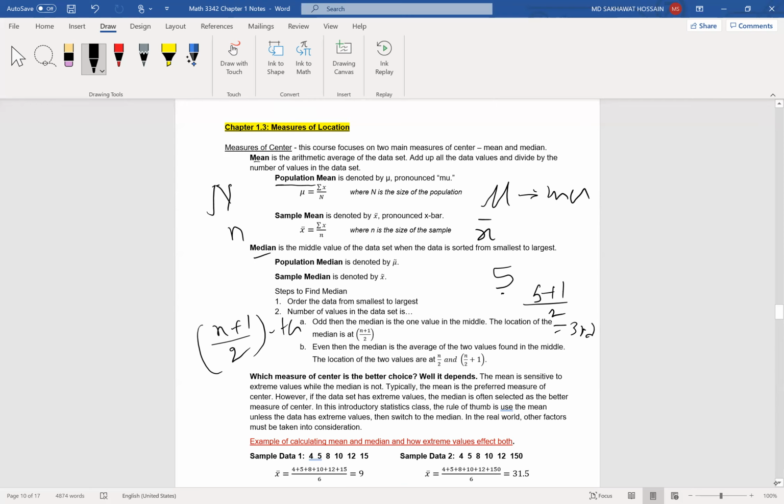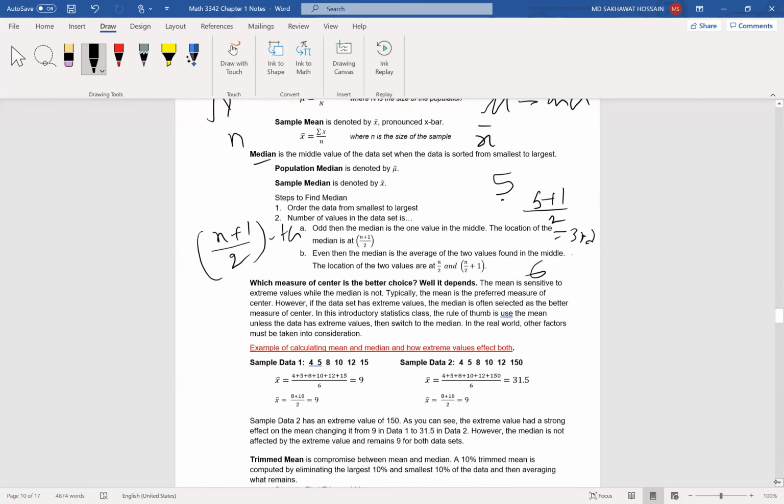If you order the numbers, then the third number is the median. And if the number of observations is even, that means if the sample size is 6 or the population size is 6, then the middle value will be the average of the two values. In this case, you will not have a single value in the middle. You will have two values in the middle. If you just look at the example, then you can see it.